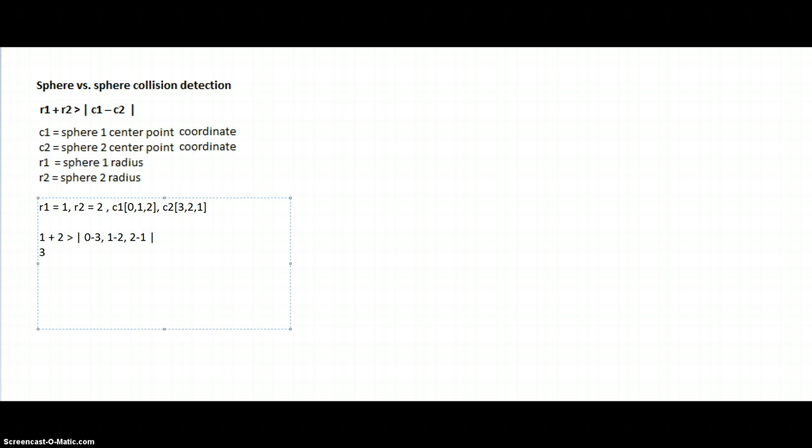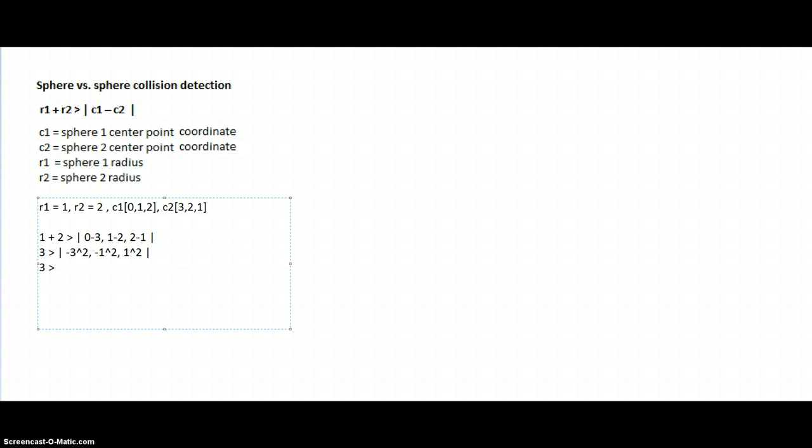So we get the radius sum 3, is it greater than the length of this? Minus 3. Now I add the next phase of the Pythagorean theorem, which is powering by 2. I add those: minus 3 powered by 2, minus 1 powered by 2, and 1 powered by 2.